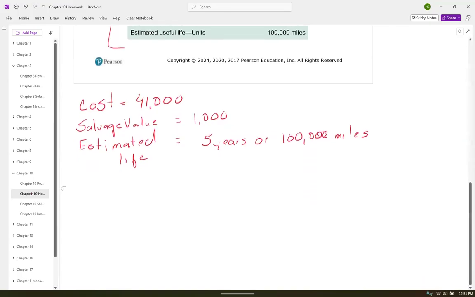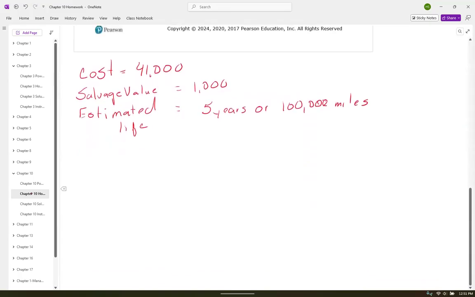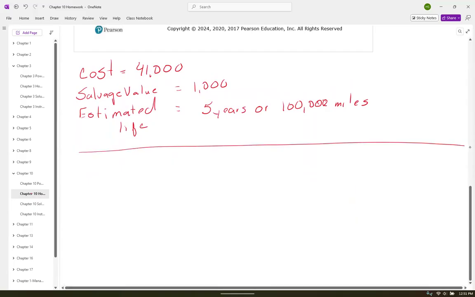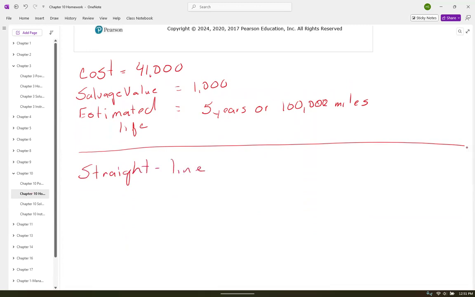All right. So we're going to start on the easiest one there is, and it's probably the one that is most used just because it is really easy. So we have straight line depreciation. We are going to take the cost minus the residual value, divide it by the estimated life.